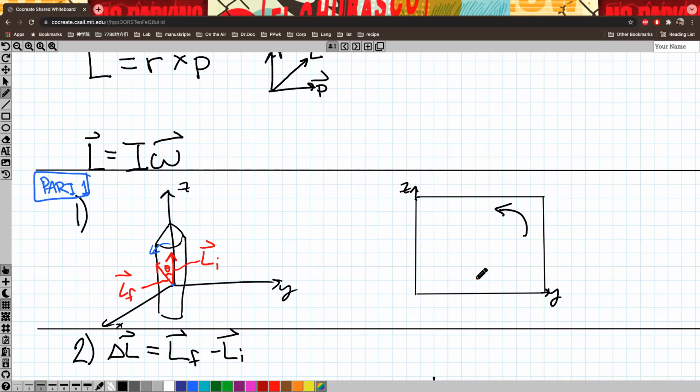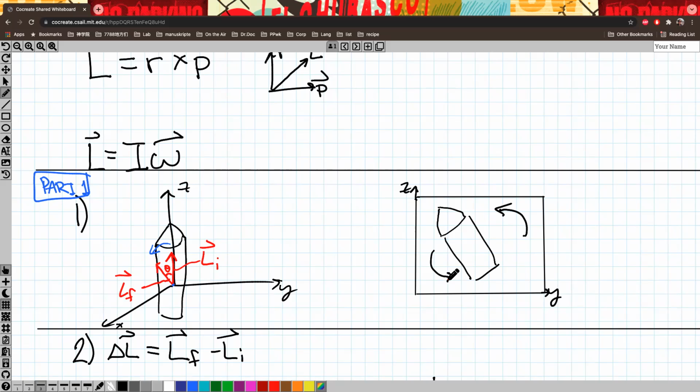So we have the rocket at some point in time like that, and it's rotating like this. So where would the axis of rotation be?